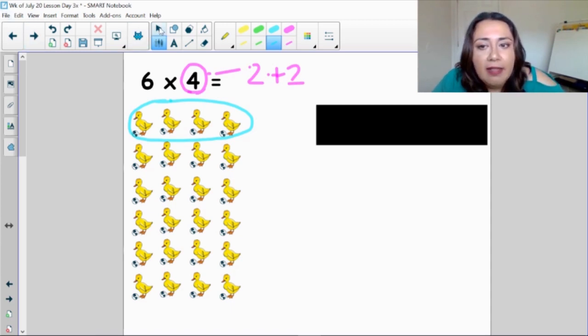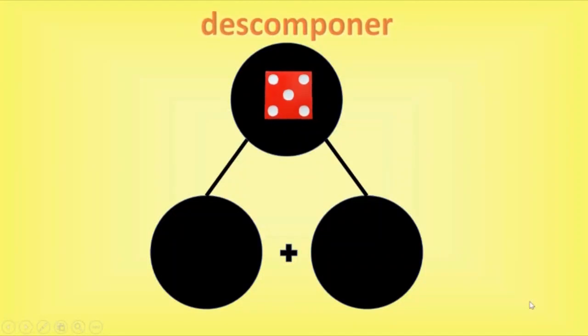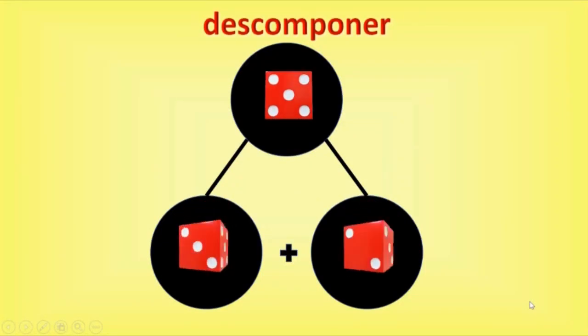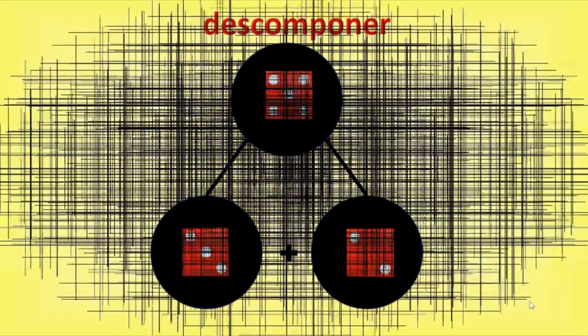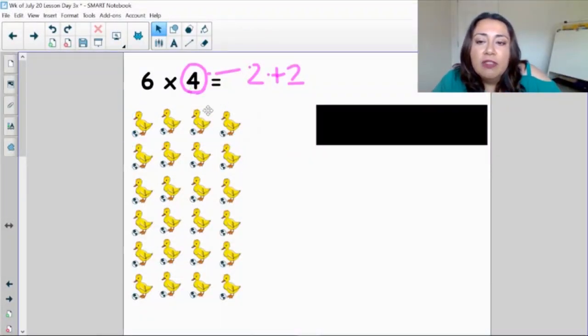No voy a cambiar la cantidad de patitos, pero voy a descomponer, separar en partes, los factores. ¿Qué tal si yo separo el 4, las columnas, en 2 columnas y otras 2? Fíjense cómo.